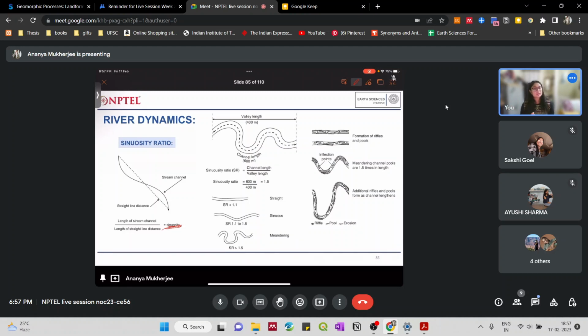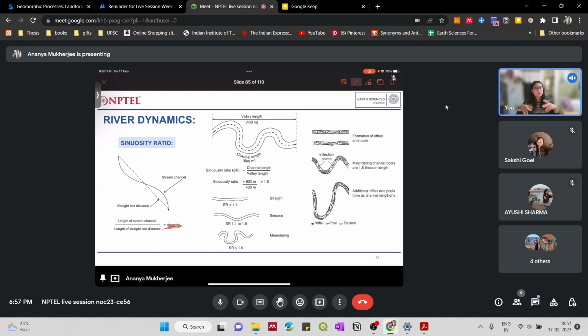Suppose you're considering one river valley closer to the upstream areas, and then you're considering the reaches that are in the middle and closer to the older stage. Even though it's the same river, you will find that the sinuous nature of the river changes from the upstream areas to the downstream areas.